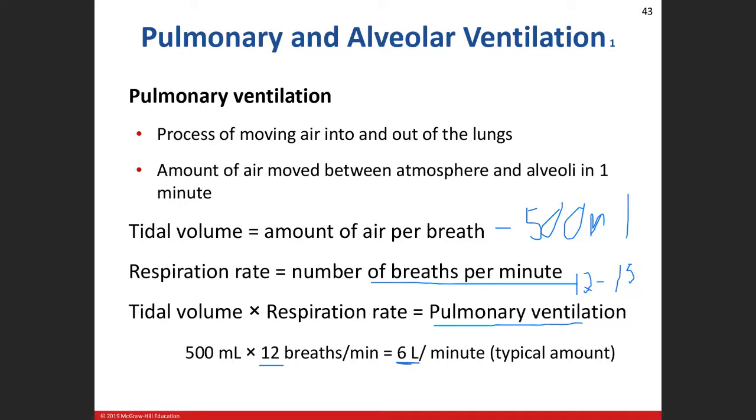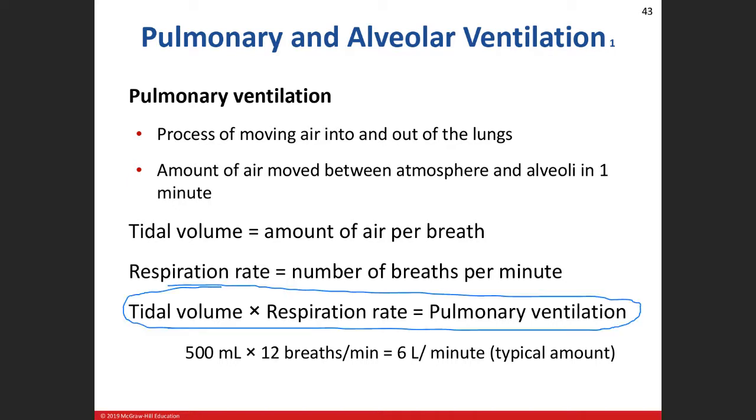So you should be able to calculate this equation: tidal volume times respiration rate equals your pulmonary ventilation, the amount of air moved in and out of the lungs.